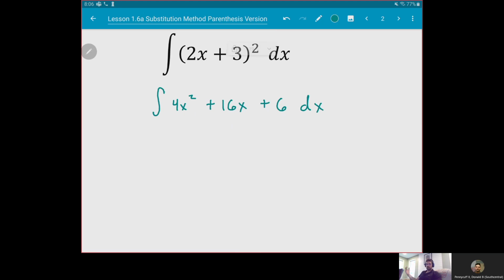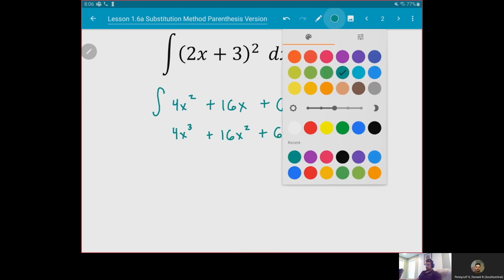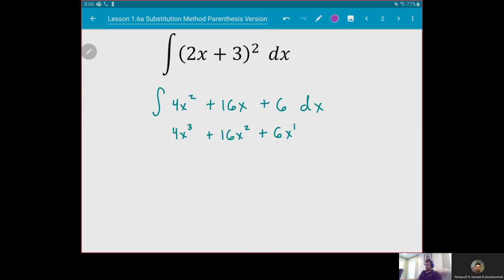And now I'm back to a nice straightforward problem that we worked the other day. I'm just going to use power rules. So all of these exponents will go up by 1. And I will divide by my new exponent.